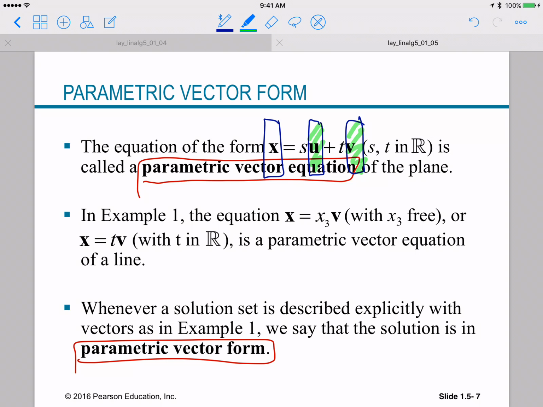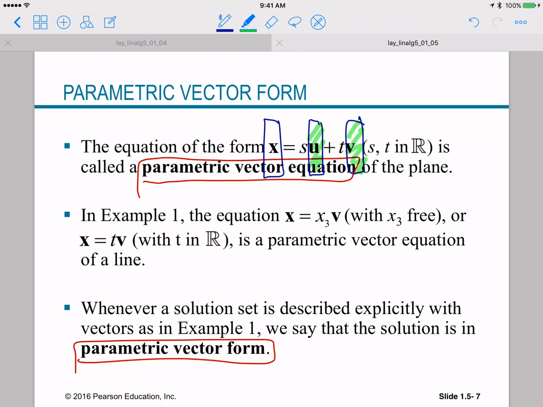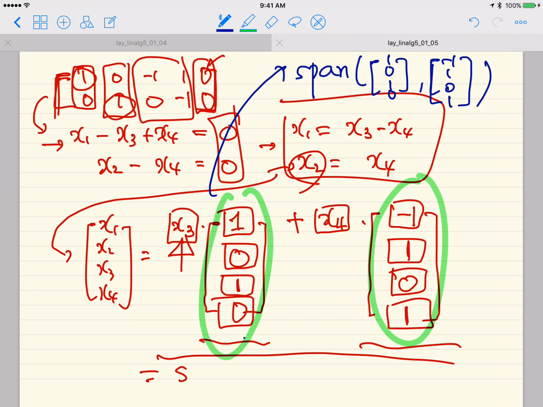And then we now have two free variables, x3 and x4, in this particular case, but we can just change them to s and t. It's just a simple notation change, and s and t are freely chosen, so they can be any values. So this is when we have two free variables and thus two associated vectors.